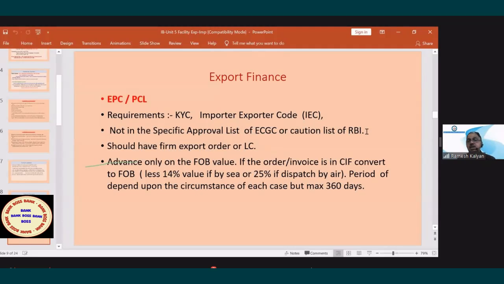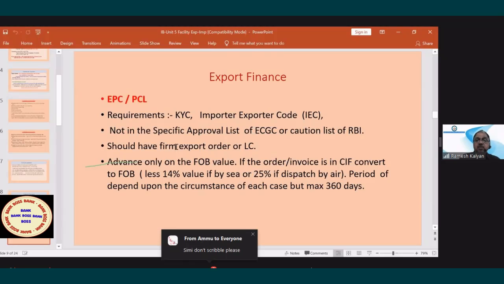The change now is that any party who has not realized the proceeds even after 2 years, as an authorized dealer, you can put him in the negative list. You can delist him and put him in the caution list of RBI, and after the amount is received, you can change it. Bankers are now vested with this power. After 2 years, if you are not getting that amount, you can blacklist him and put him in the negative list.